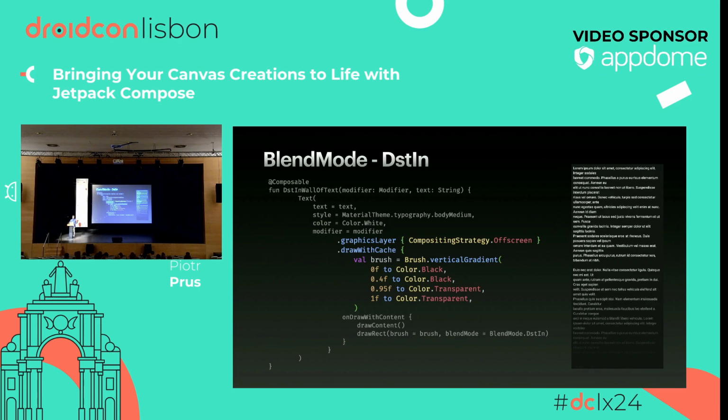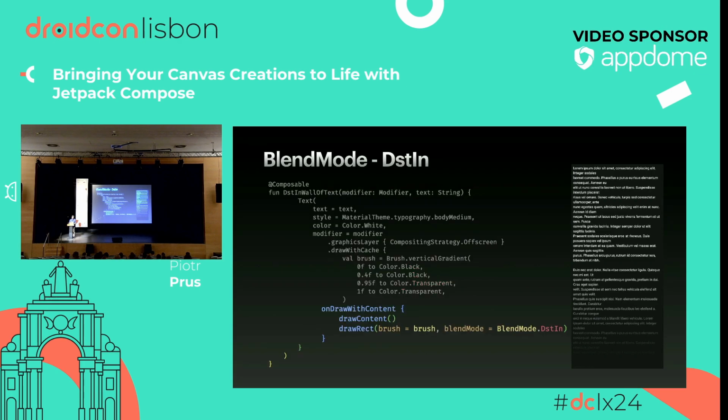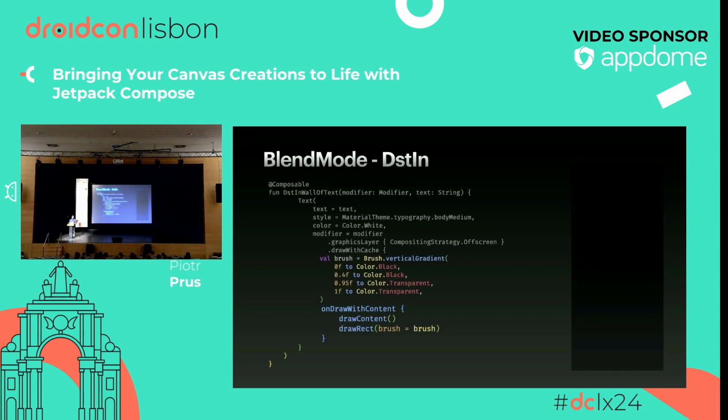So 40% of the height will be fully visible, and then from 40% to 95% it will dim, and the last 5% will be not visible at all. So we have this nice staged fade out. So here we need to draw with content again, draw our content, draw rect, and use the blend mode dst in.